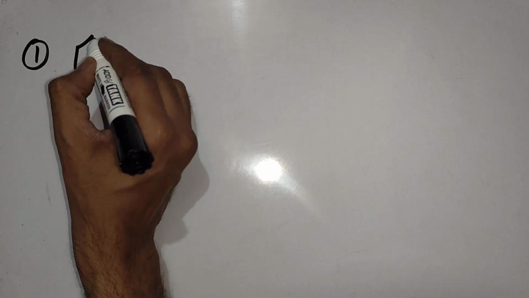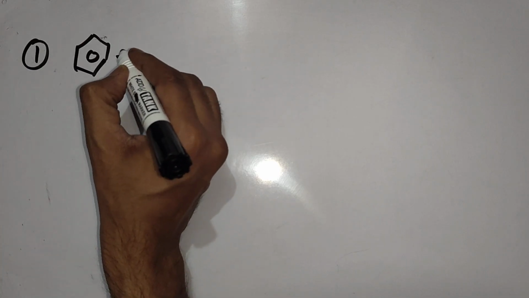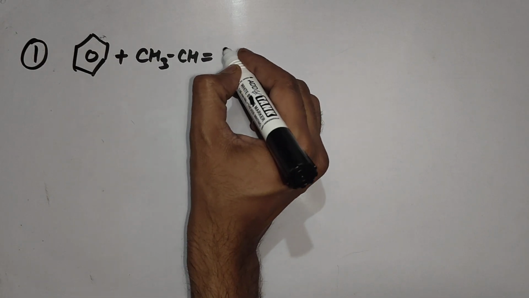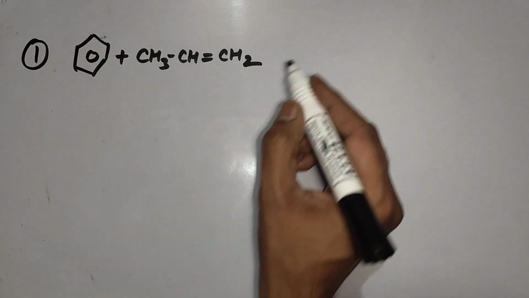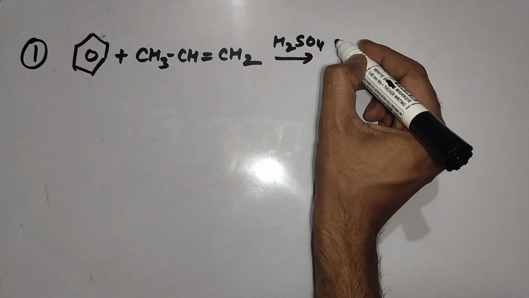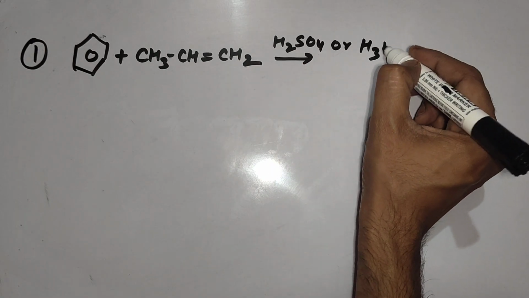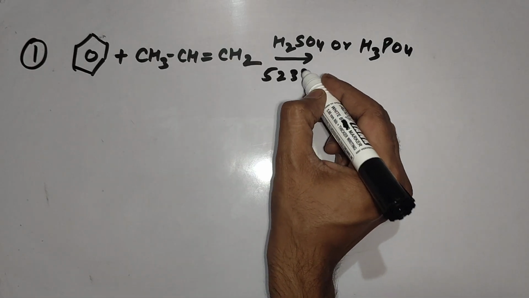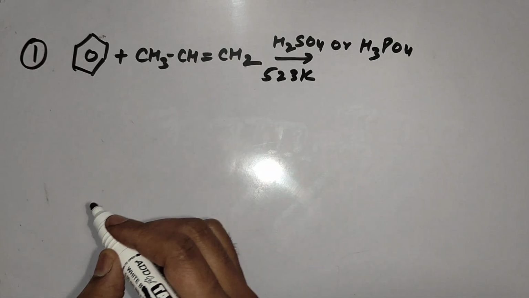The very first step I am going to write. Benzene reacts with propene, in the presence of sulfuric acid or phosphoric acid. And heating is required, 523 Kelvin temperature. We will heat it.